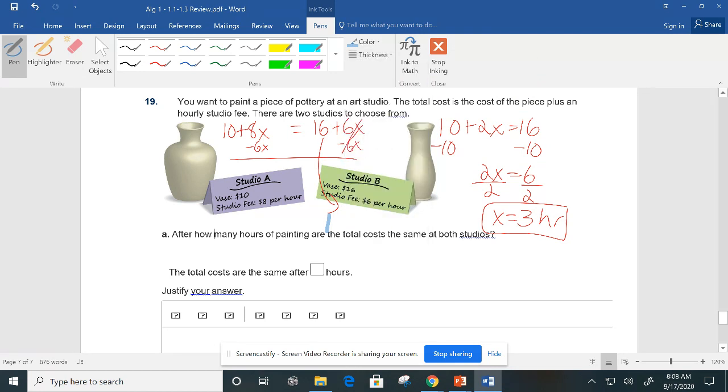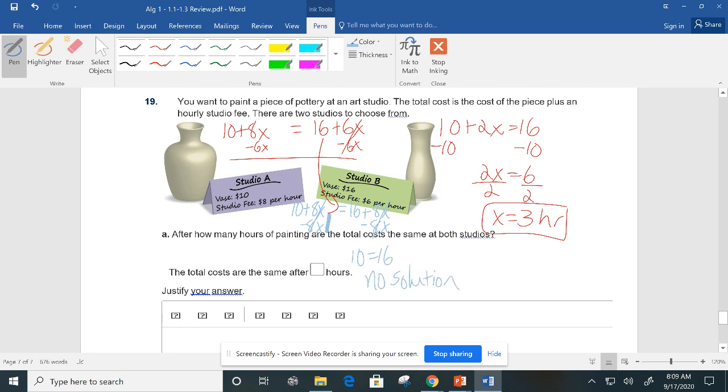So our new equation here would be 16 plus 8x. And then you've got 10 plus 8x. So this is actually interesting what happens here because your x's end up canceling. All right? And then you get 10 equals 16, which means that there's no solution.